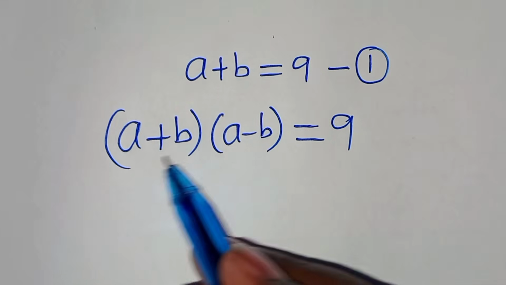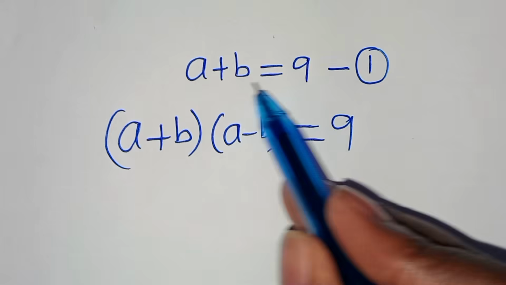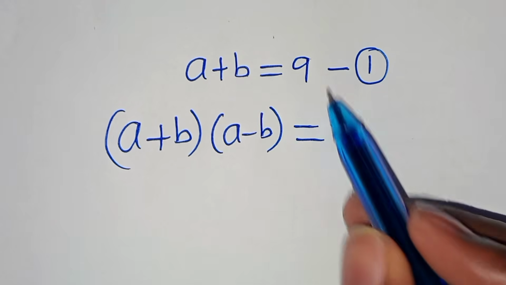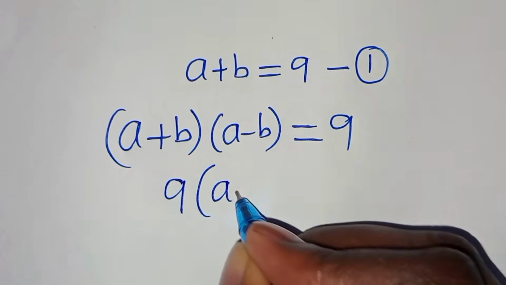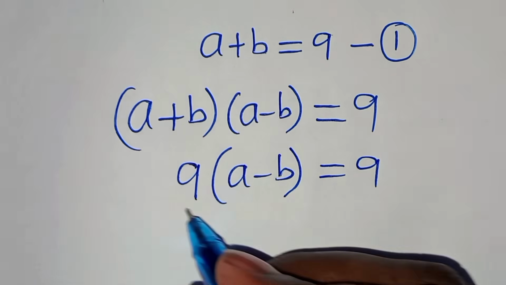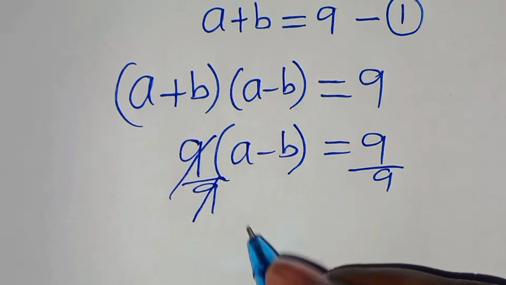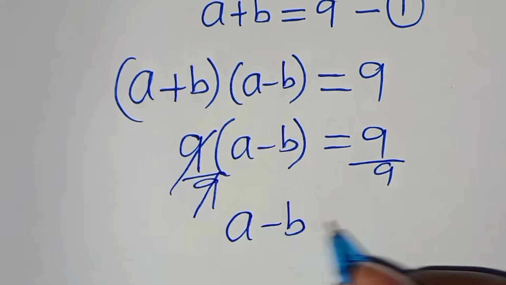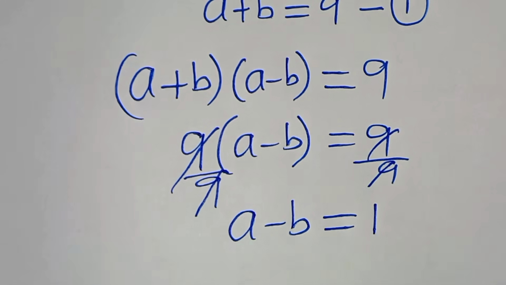Since equation 1 says a plus b is equal to 9, let's substitute. So this is 9 times a subtract b, equal to 9. Let's divide both sides by 9, and this implies that a subtract b is equal to 9 divided by 9, which is equal to 1.